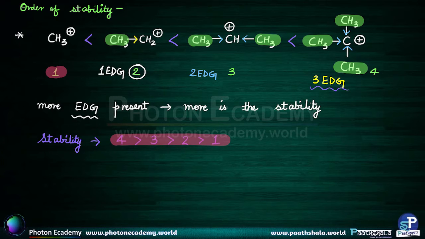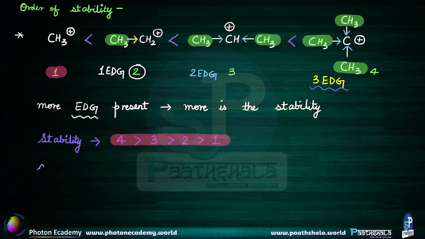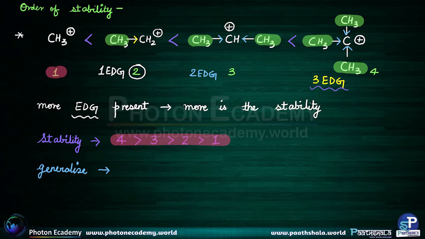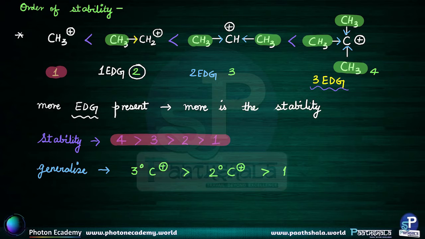If I want to generalize this example, and if you want to remember this for the exam, for solving any questions, you can say very clearly that the 3-degree carbocation is more stable than the 2-degree carbocation, which is more stable than the 1-degree carbocation.